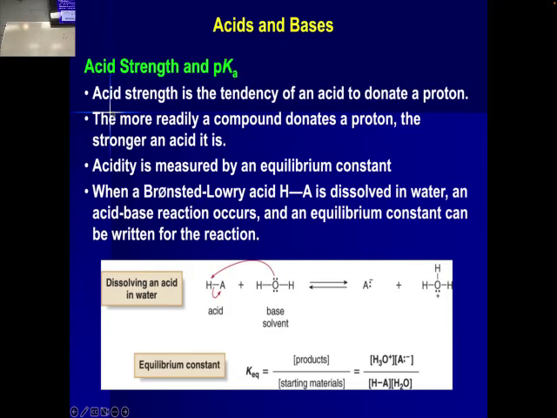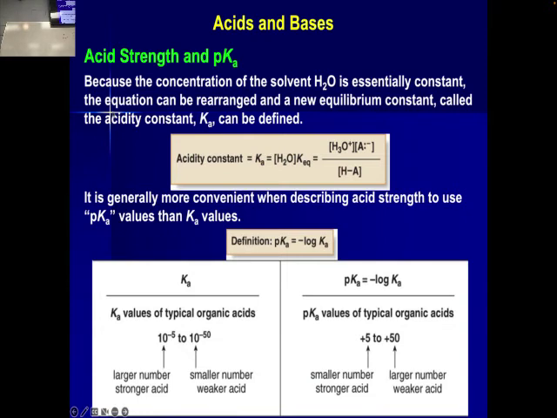So we're going to derive from the equilibrium constant what a Ka constant is. Okay? Ka constant is called the acidity constant, and it's related to KEQ, but it's a little different. What's different about what's written up there versus what we've written up here? The H2O is not there.